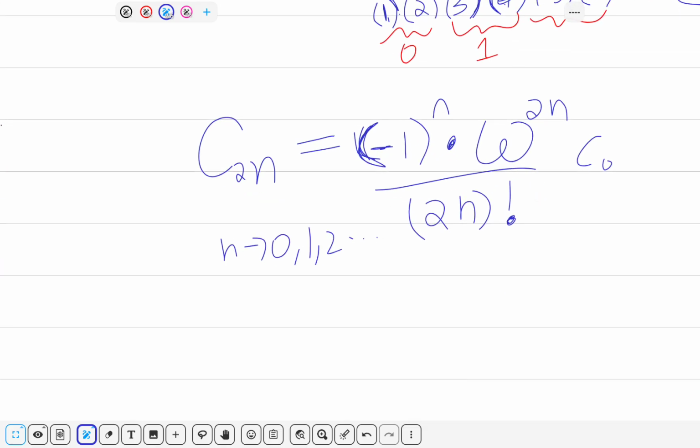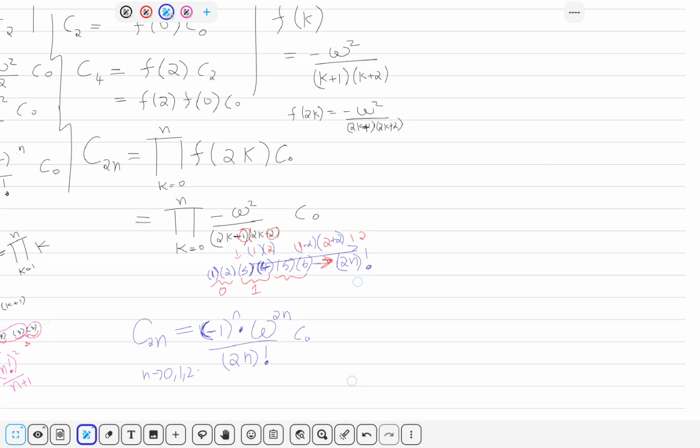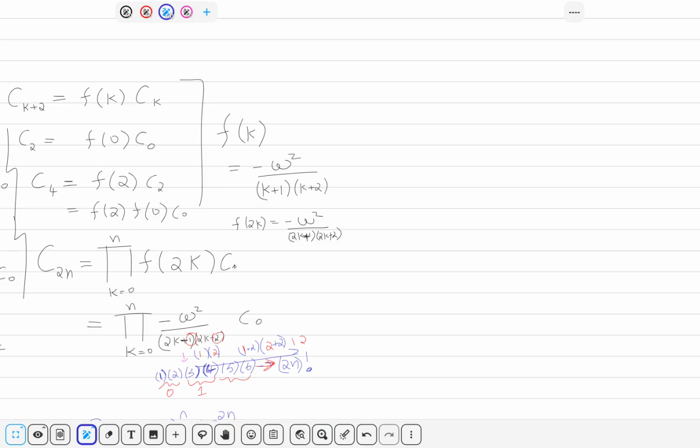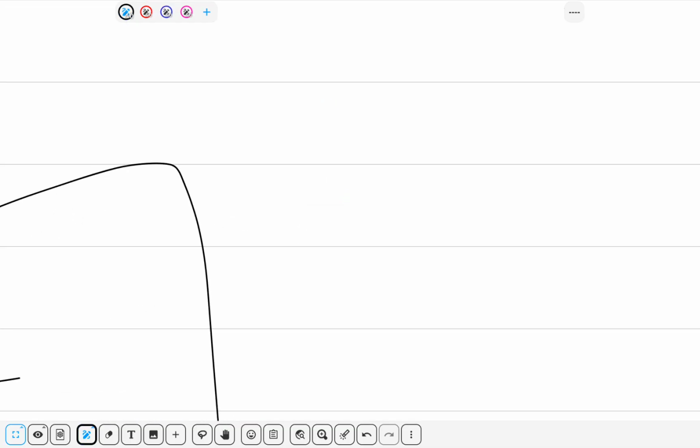And if I do the same thing for the odd one, let me do it. I know the result, but I will just do it and see. So I know c k plus 2 for the other case. Okay, but the tablet is not working. I will use my fingers to write today.